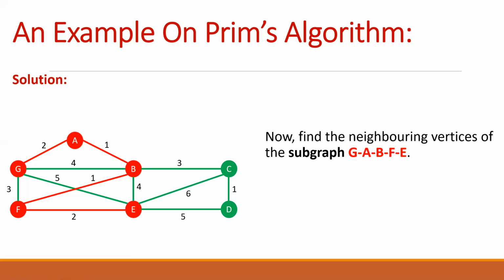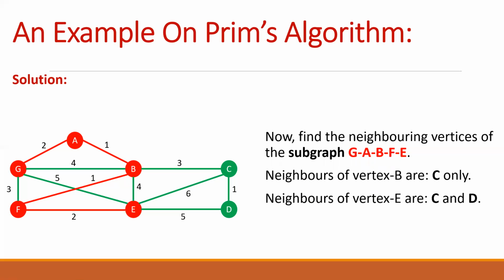Again, we have to apply the same procedure and we have to find the next node that can be connected to this existing subgraph GABFE. So we find the neighboring nodes. B has neighboring node C only. The vertex E has two neighboring nodes, C and D. Now highlight these in yellow color. So find out of C and D which vertex is to be connected to the existing subgraph GABFE.